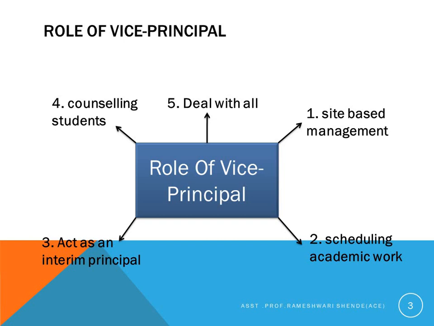The fourth important role of the vice principal is counseling students. Along with teaching, the vice principal also plays an important role in counseling the students. Some of them deal with career counseling programs, some deal in administering tests that measure students' abilities to help them choose an appropriate career. The fifth important role of the vice principal is dealing with all.